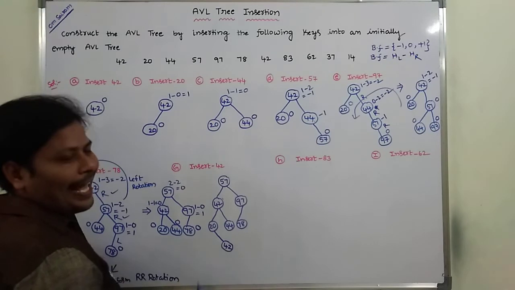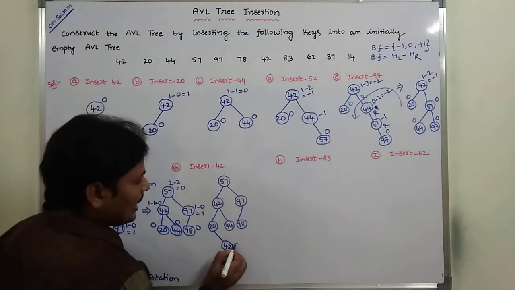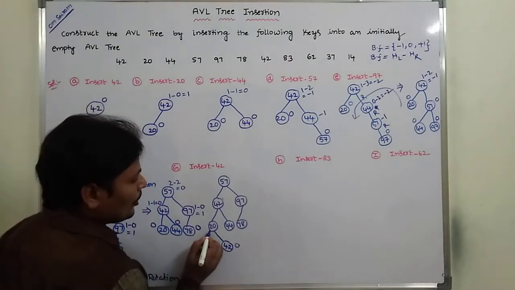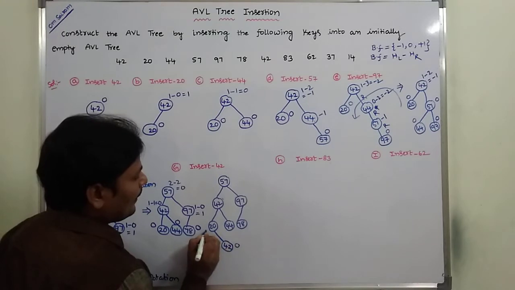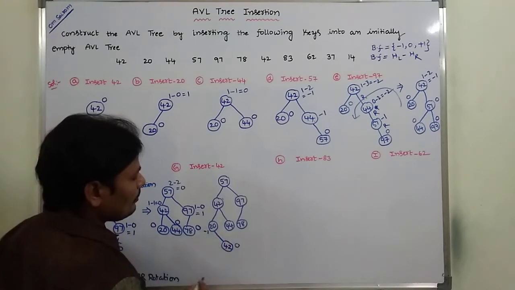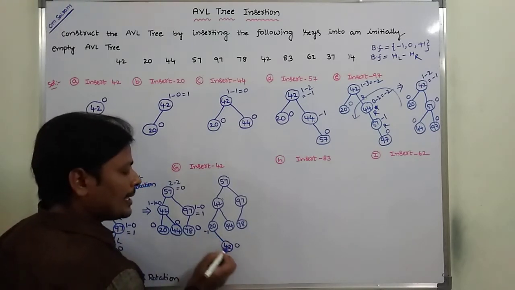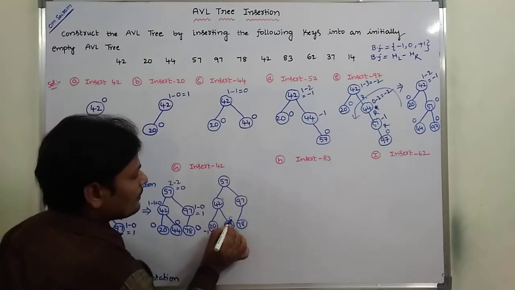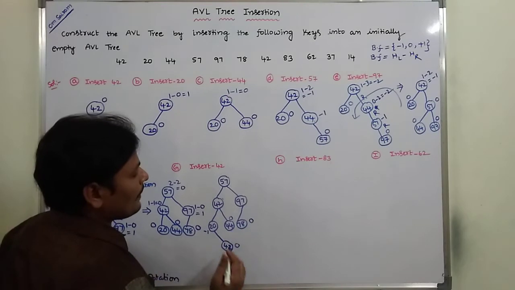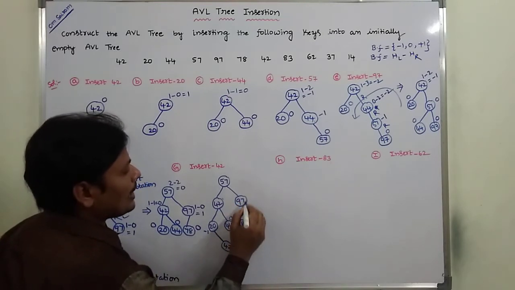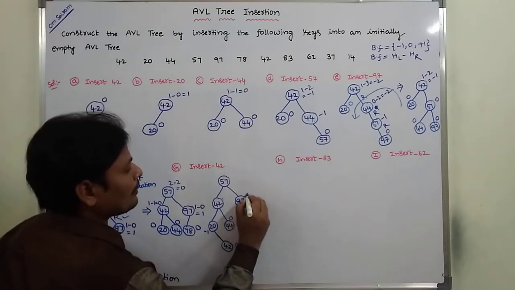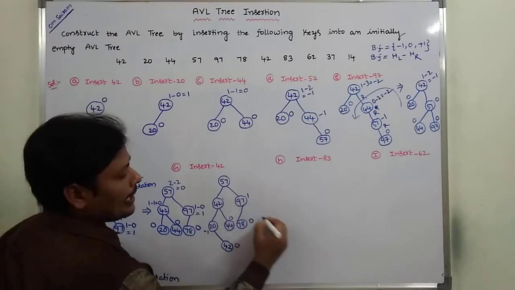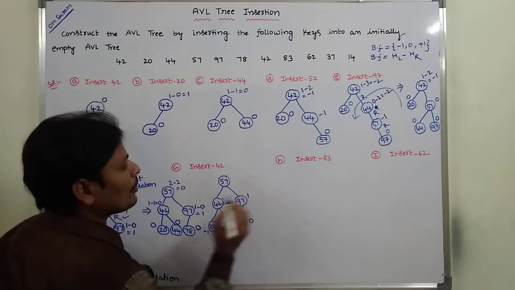Now what are the balance factors? This balance factor is 0. For this node the balance factor is -1. Left subtree height is 0, right subtree height is 1, 0 minus 1 is -1. This balance factor is 0. For this node balance factor 0. For this node left subtree height is 1 and right subtree 0, 1 minus 0 is 1.